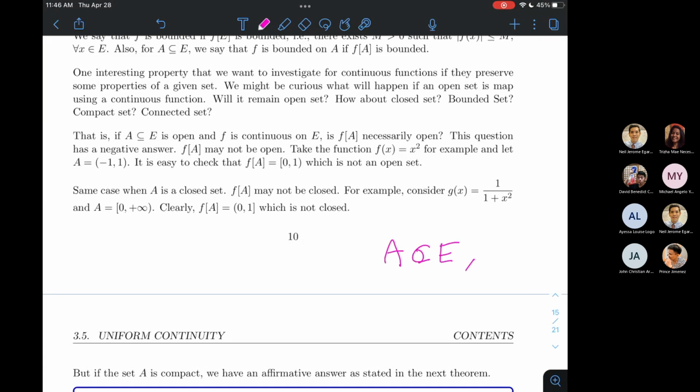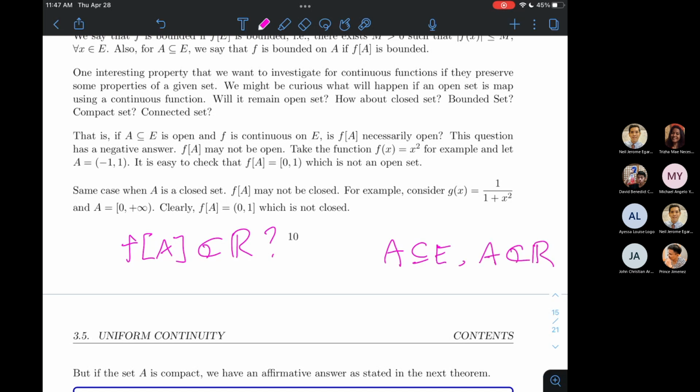All right. My question is, is f bracket A also an open set, all right? So kung si A ay open subset ni E, or siguro more properly, it is a subset of E that is open, okay?